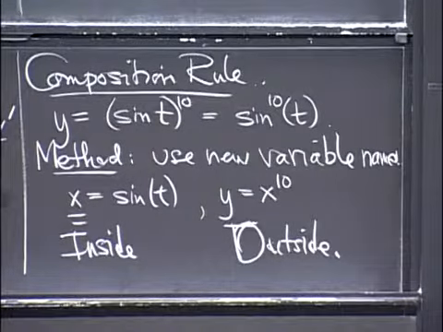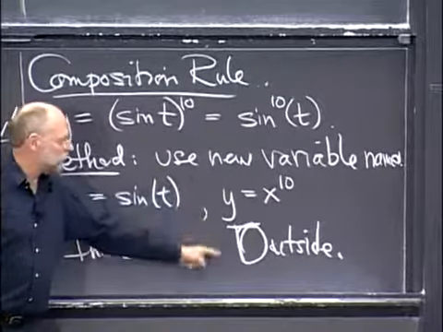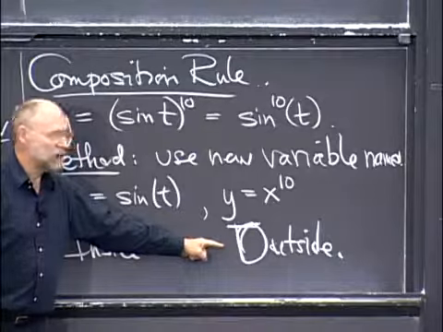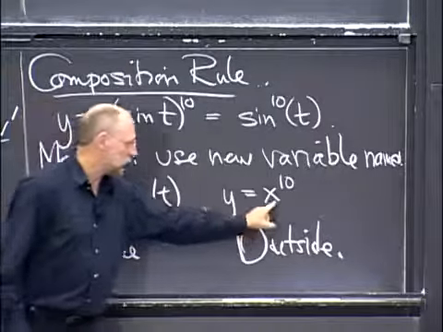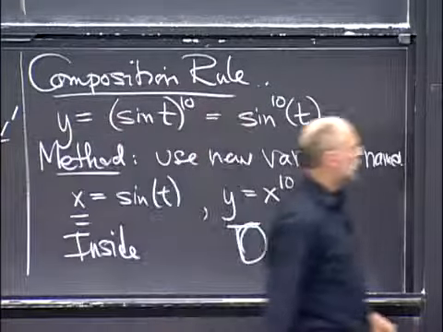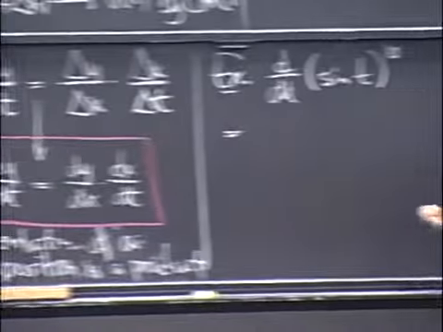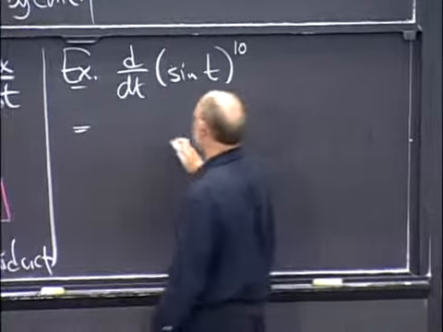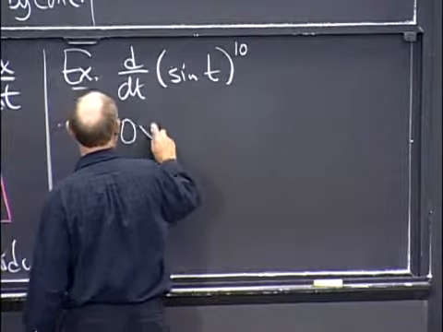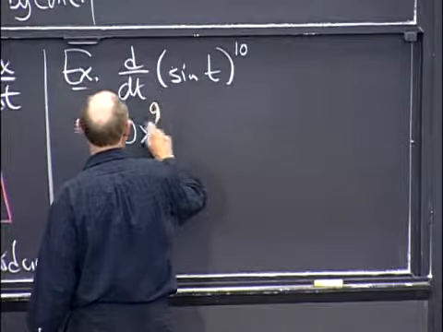So the rule says, first of all, let's differentiate the outside function. Take dy/dx. Differentiate it with respect to that variable x. The outside function is the 10th power. What's its derivative? So I get 10x to the 9th power.